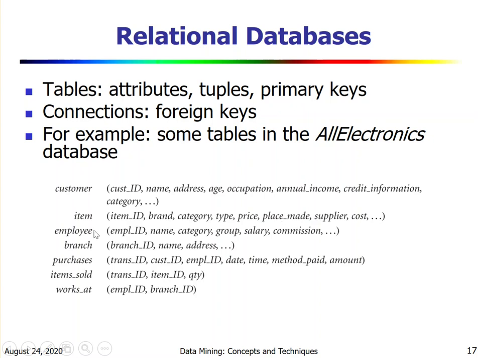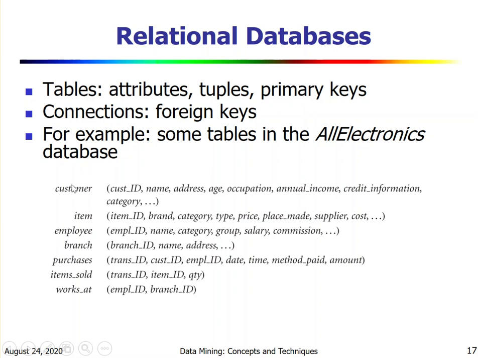And also, in order to manage employees and different branches, purchases made by customers, and items sold, those are all the items that are in the inventory, and this is items being sold. And an employee works at certain branches. We have earlier introduced the attributes. Those are the attributes in a relational database.